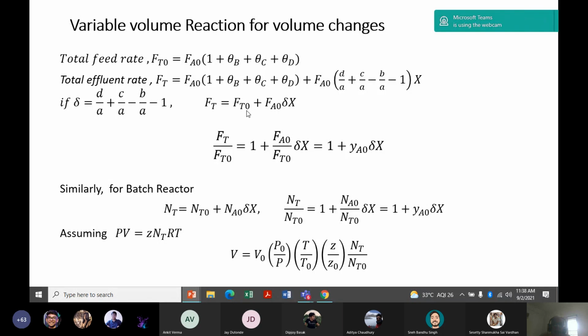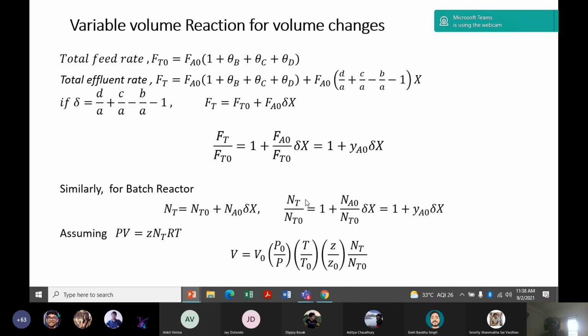And Ft0 is the total molar flow rate at the inlet, the first term, and Ft is at the outlet condition. So the total effluent rate Ft is given by this expression. The total effluent rate divided by the initial feed rate, Ft by Ft0, gives this expression: 1 plus yA0 delta X. In a batch reactor also we can replace this Ft and Ft0 by Nt and Nt0.